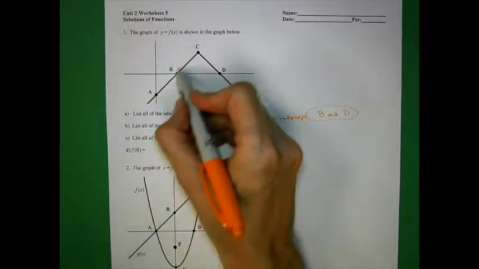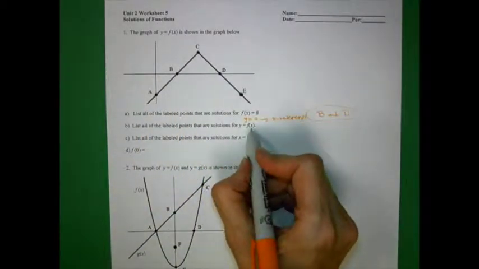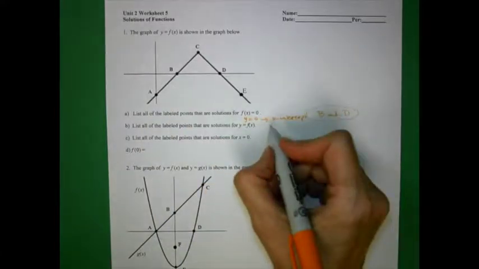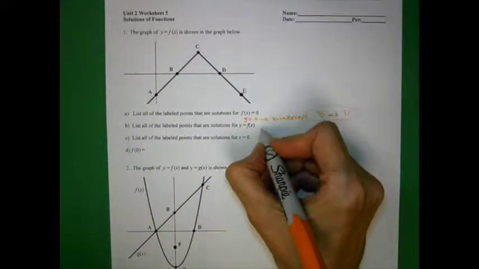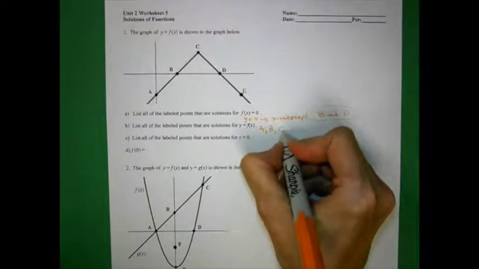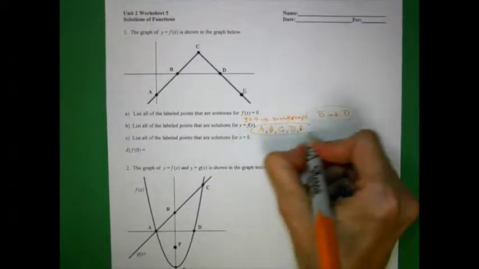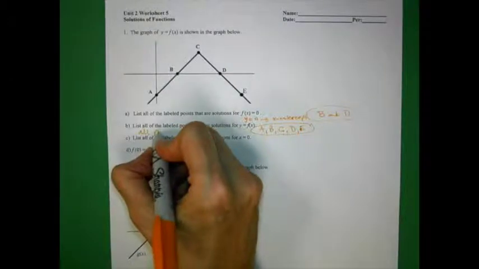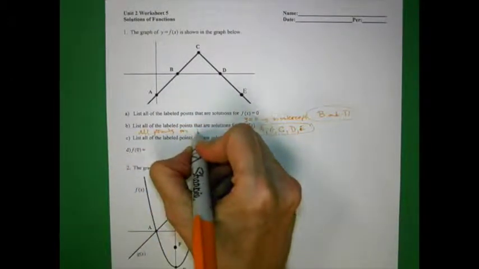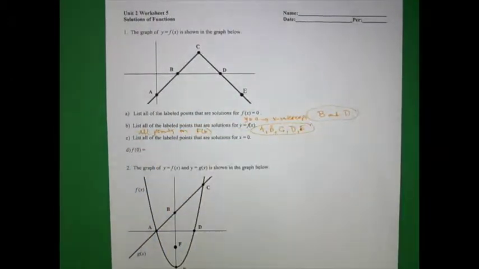Basically any point that is on the graph of f of x will be true, and so that would be A, B, C, D, and E. All points that are on f of x would be included in that.